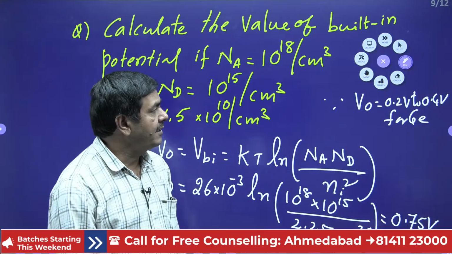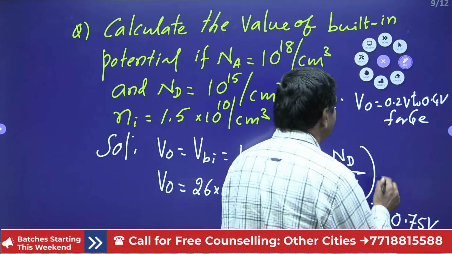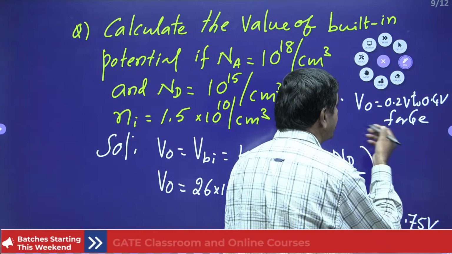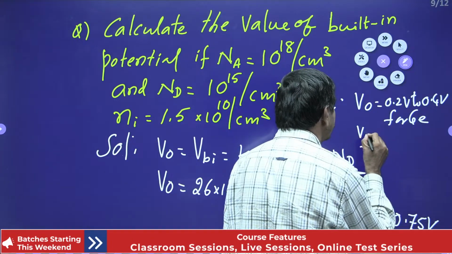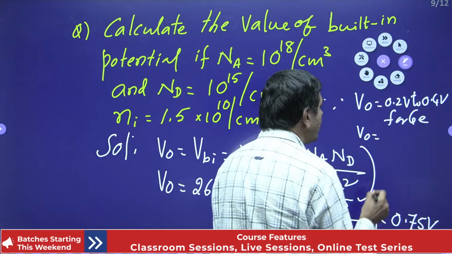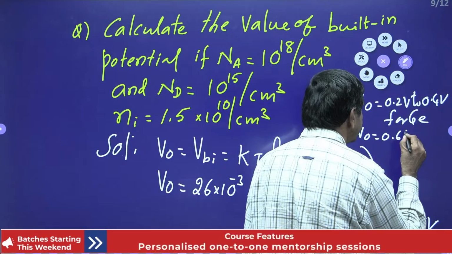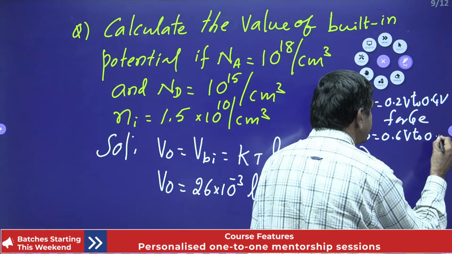What about silicon? If the material is silicon, V0 is taken as 0.6 volts to 0.8 volts.